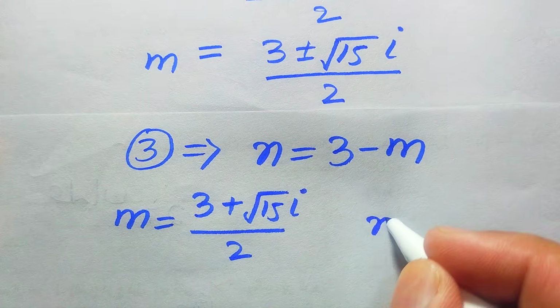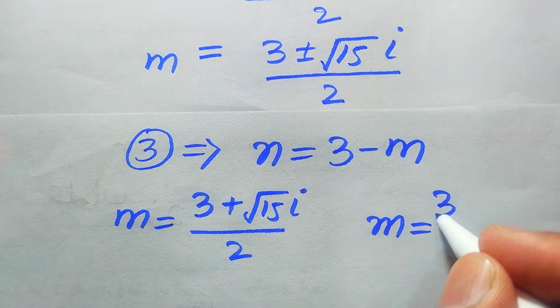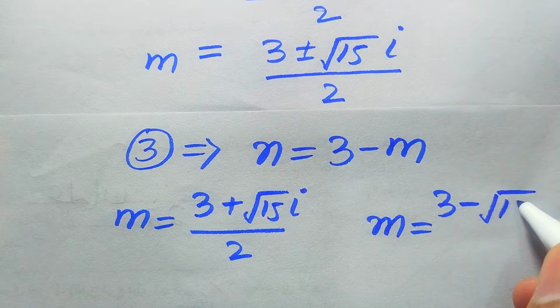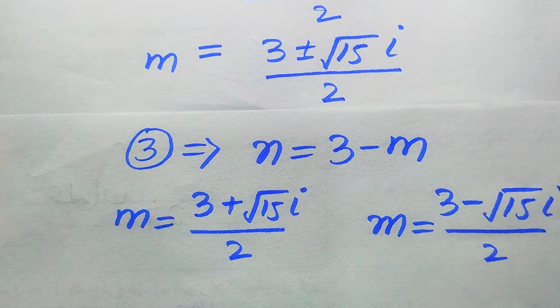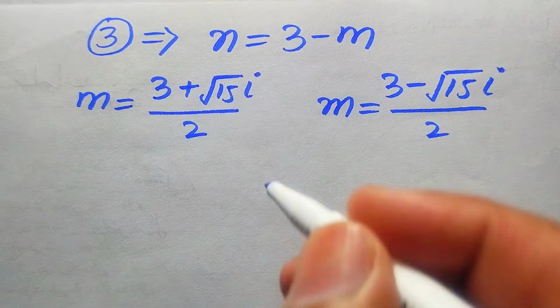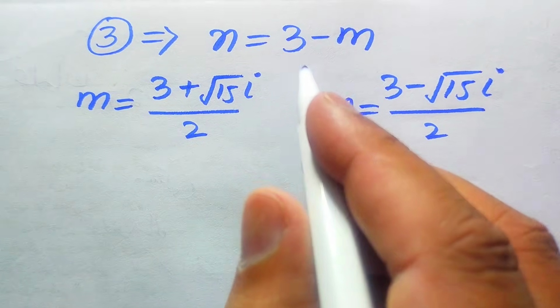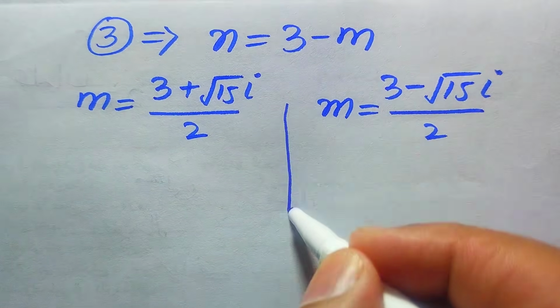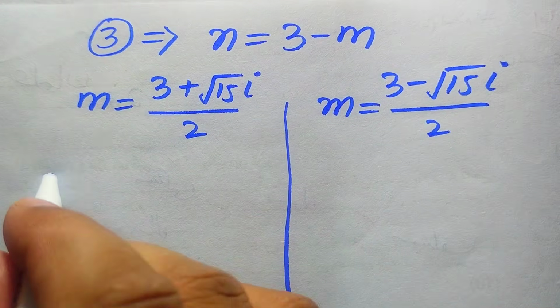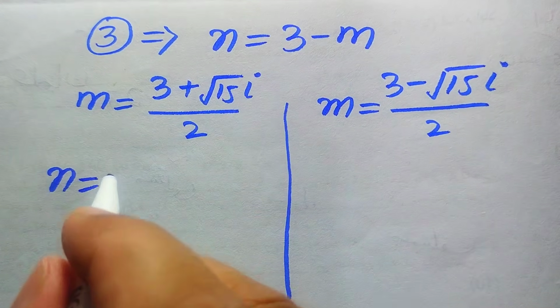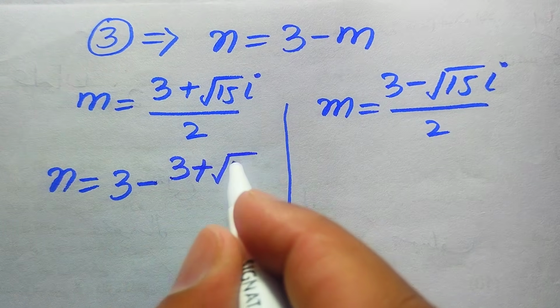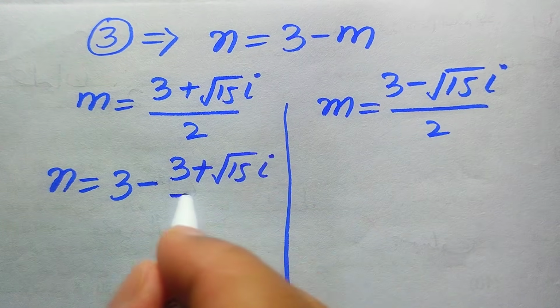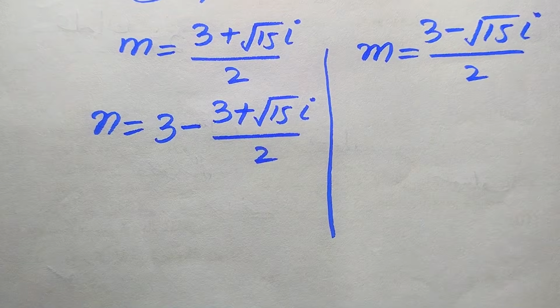And on this side we use the negative value, which is 3 minus square root of 15 iota, divided by 2. In the next step we use both of these values in this equation and get the corresponding values of n. When we use this value, it becomes 3 minus (3 plus square root of 15 iota), divided by 2.